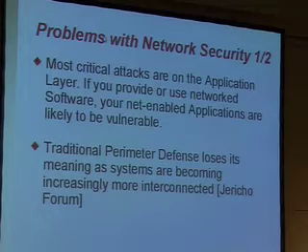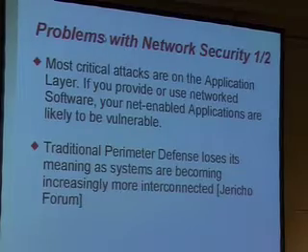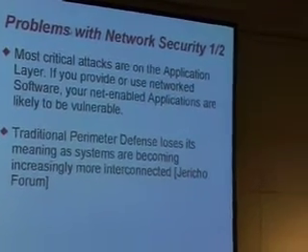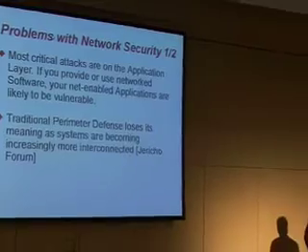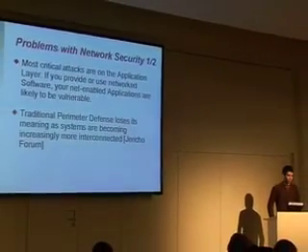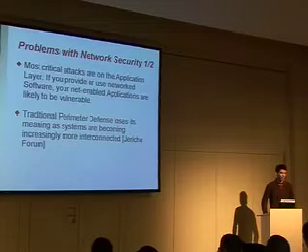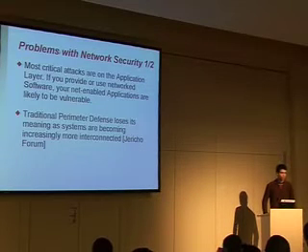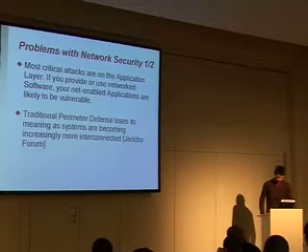But actually, most of the critical attacks, even on the network layer, are on the application layer, based on bugs in the implementations and in the source code that defines the functionality. If you provide or use networked software, you can be darn sure that your net-enabled applications are likely to be vulnerable to various kinds of bugs, mostly bug classes that are well known, but still find their way into source code all the time.